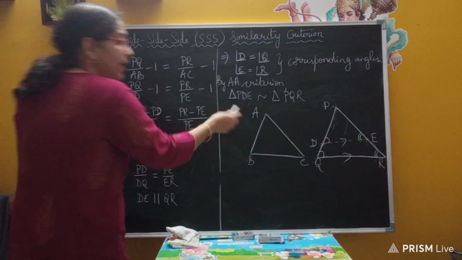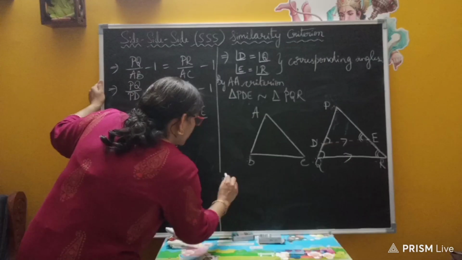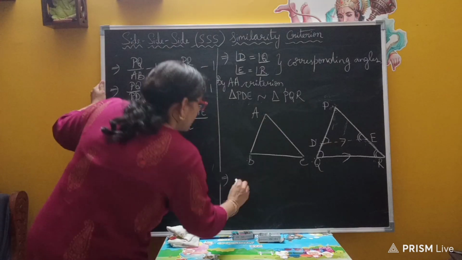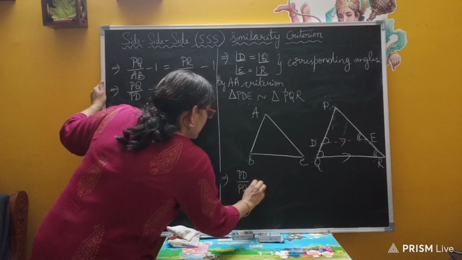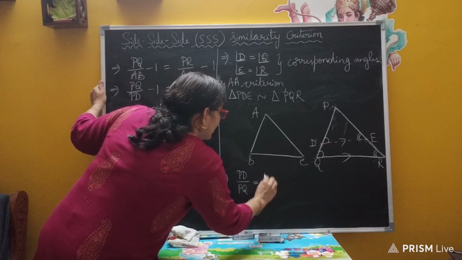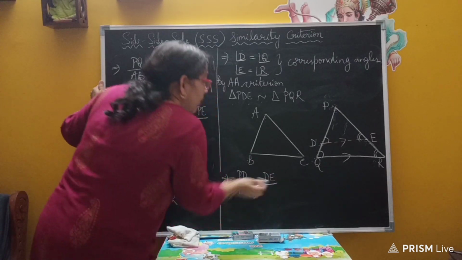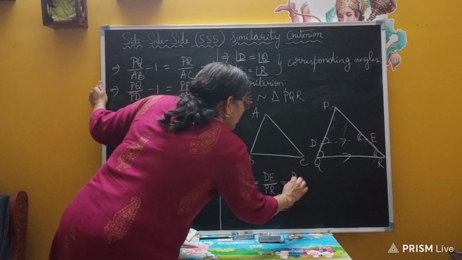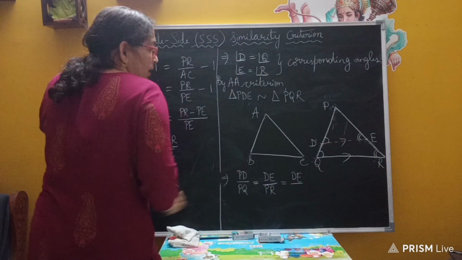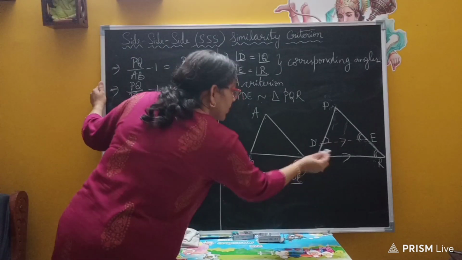So let us write that statement now: PD by PQ is equal to PE by PR is equal to DE by QR.